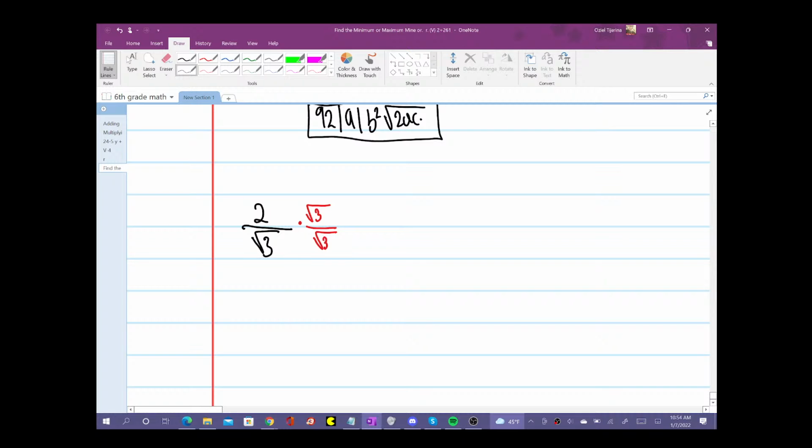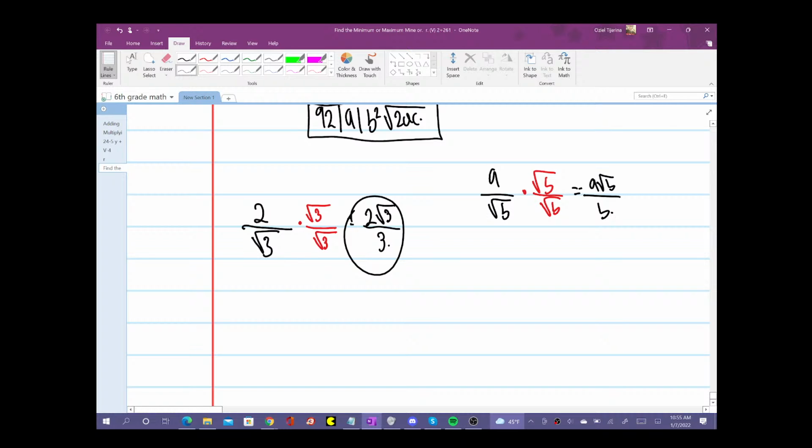Basically, if I have a over square root of b, the rule is you multiply by the square root of b over the square root of b, which will give you a square root of b over b. So it's going to be 2 square root 3 over 3.